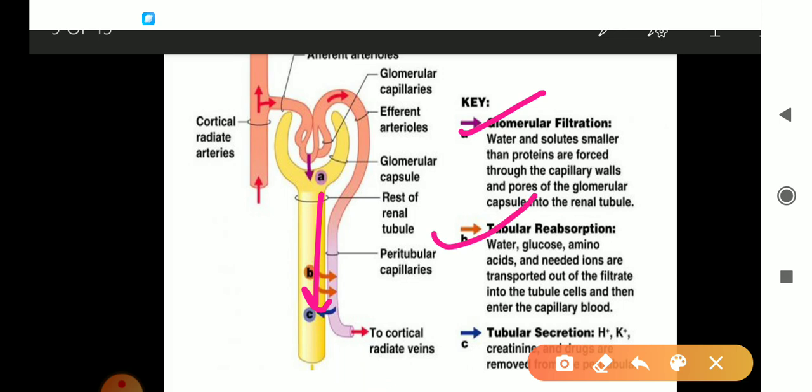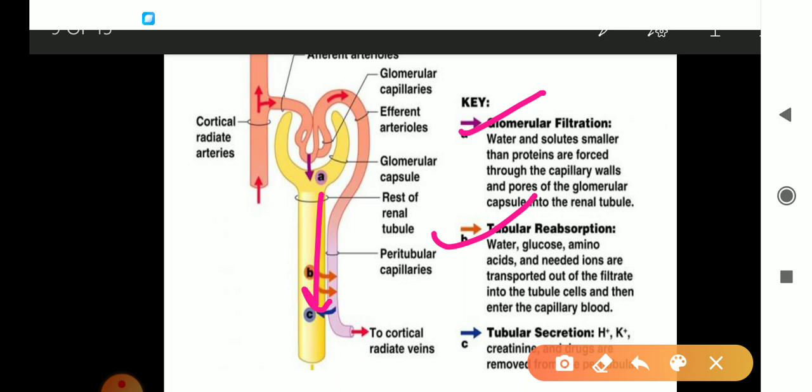Again, from what has been filtered, the necessary things are taken back in, such as water, excess water. If water is less in the blood, it is taken back from here; if not, then no problem. Then water, glucose, amino acids, and needed ions are transported out of the filtrate into the tubule walls, and then they enter into the blood again.